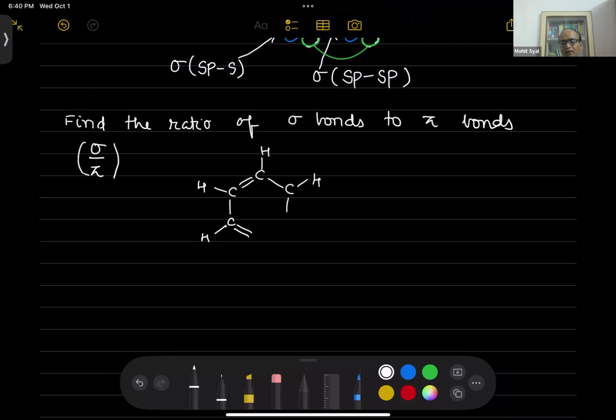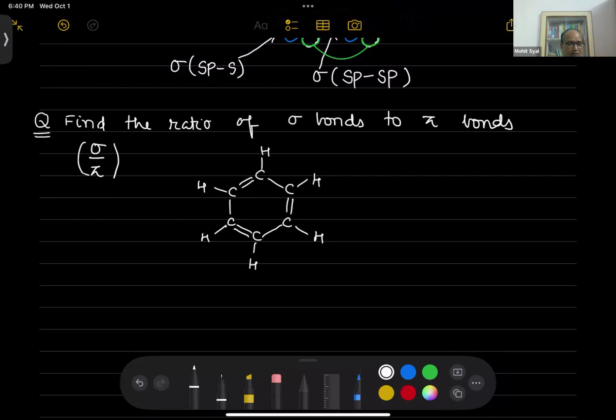So this molecule is a very famous molecule. Can you tell me the name of it? You might have studied it in 10th, or if you don't remember, not a problem.